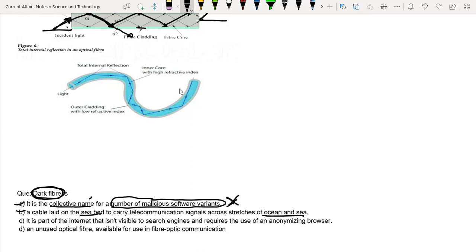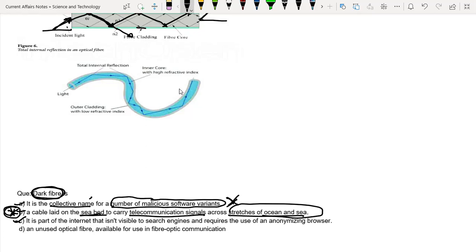Okay, that means we lay optical fibers in the ocean, and with the help of them we try to send telecommunication signals to other parts of the world and other regions which are near the oceans, or to ships, or cruises, which do their transport activity on the sea surface. So this looks like a correct one, or you can say a true one.